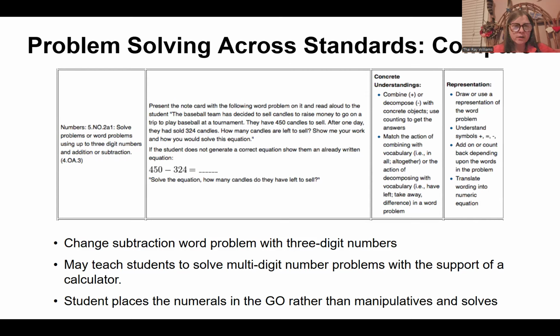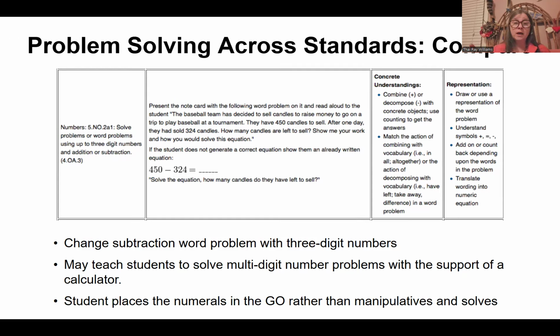As you can see here, the students are selling candles for baseball. They're trying to raise money to go on a baseball trip for a tournament. So they have 450 candles to sell.